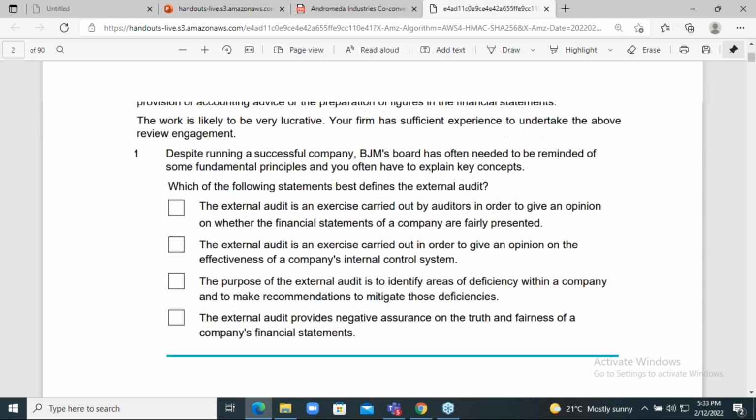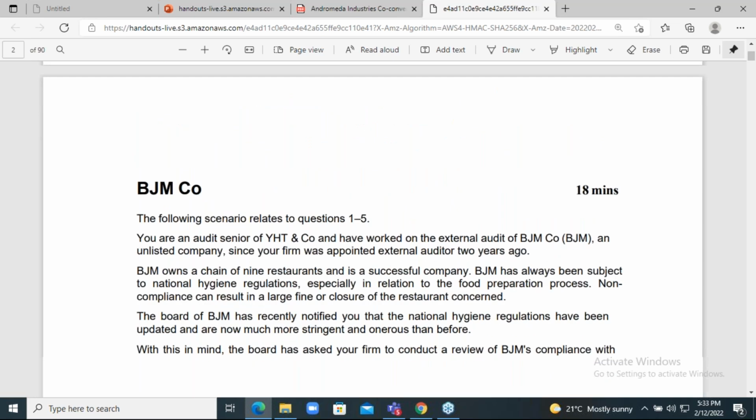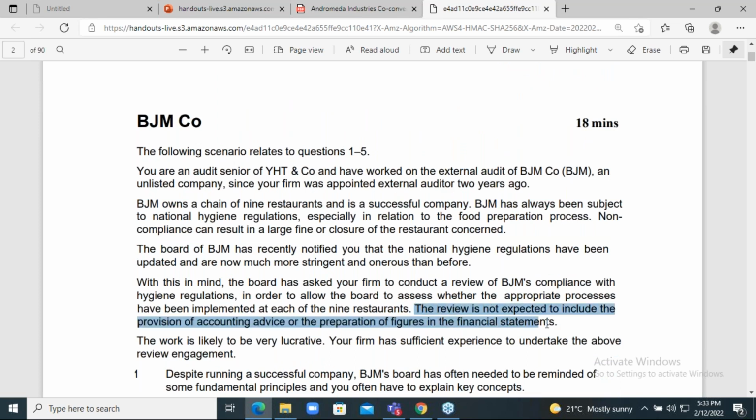Why? In the data, it was mentioned that the review is not expected to include the provision of accounting advice or the preparation of figures in the financial statements, or hygiene regulations. Yes, this is the line. Now, these are the hygiene regulations. So, these regulations are not direct with respect to preparation of financial statements.